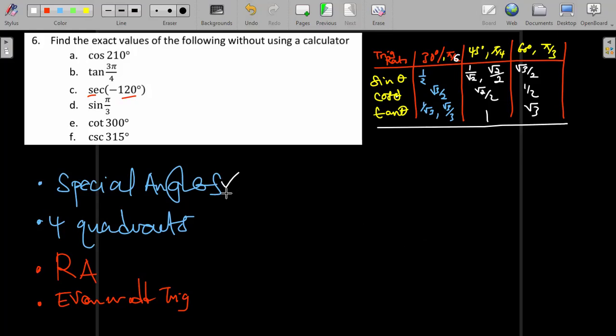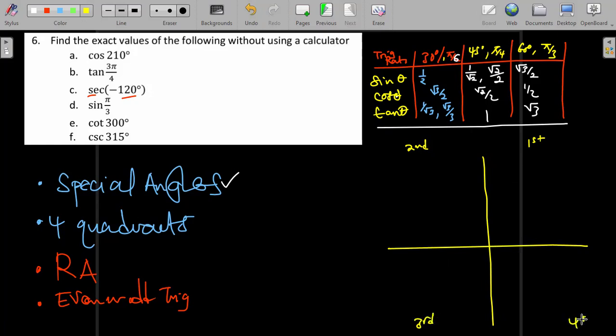We are done with this. Now let's orient ourselves about the quadrants. Let me draw it here. We have 4 quadrants. This here is the first quadrant, and then we have the second, the third, and the fourth quadrant.